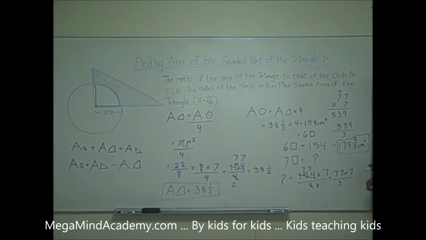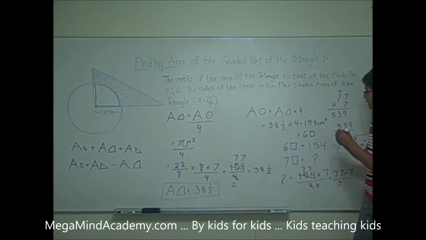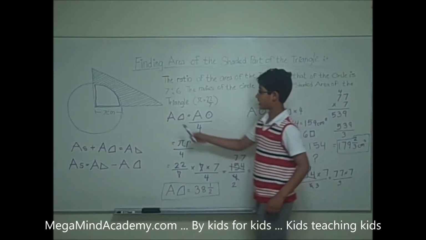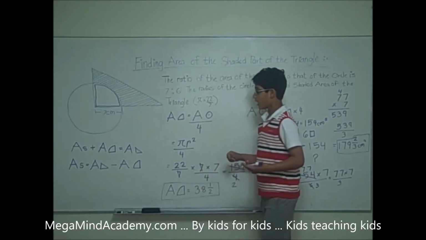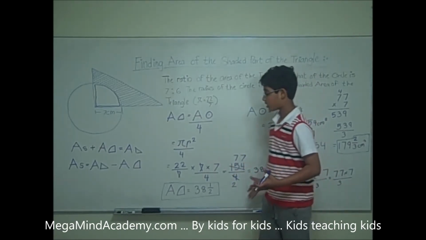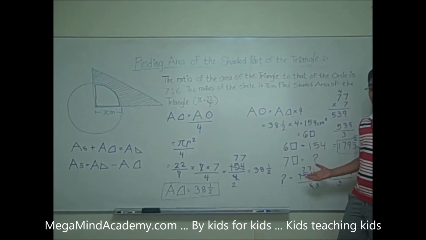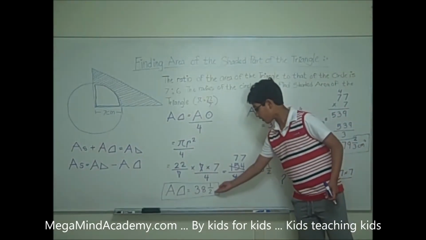Now we are not done with our problem. We still need to find the shaded area of the triangle. Again, this is the triangle, and we have both components that we need to answer this problem: the area of the triangle and the area of the quadrant.